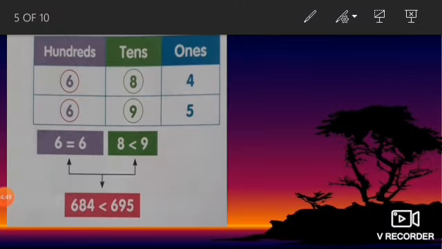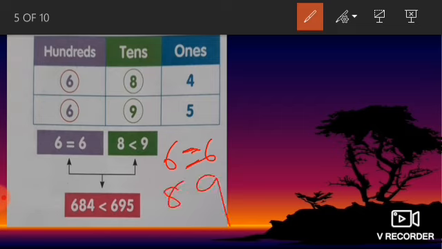Let's see some more examples. Here the numbers 684 and 695. We have written place value chart for these two numbers and now compare. 6, 6. So the numbers in hundreds place, they both are equal. We use equals to symbol to show. And in tens place, 8 and 9. So which number is bigger?